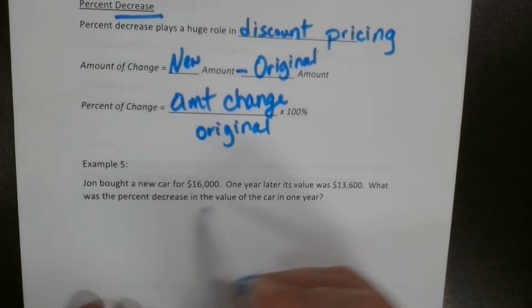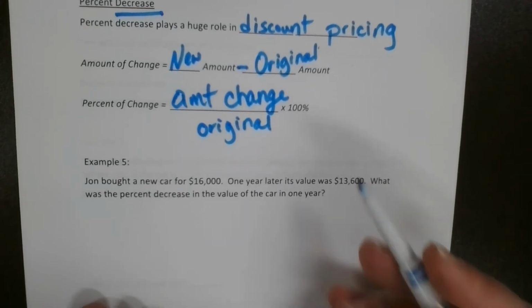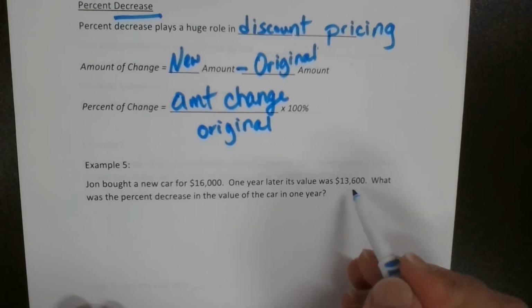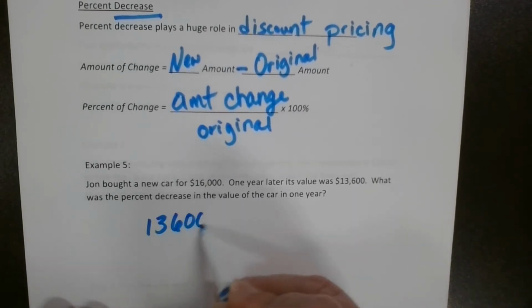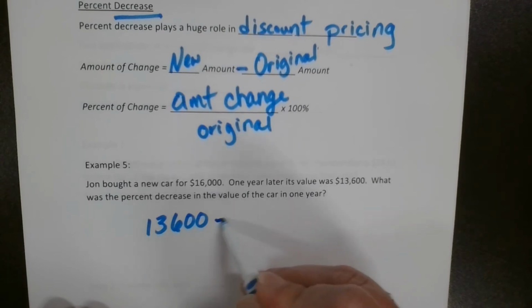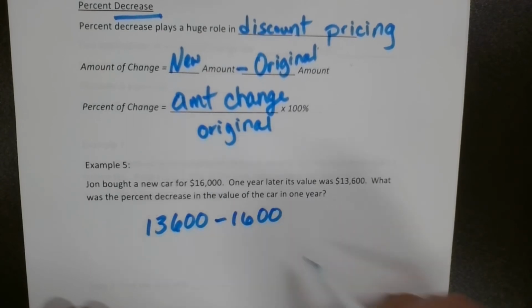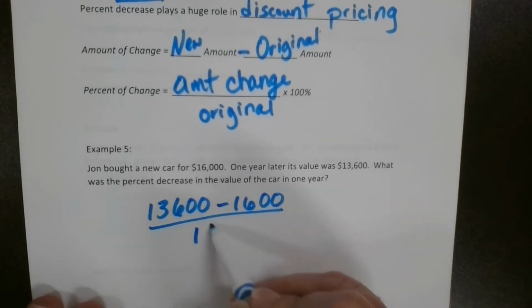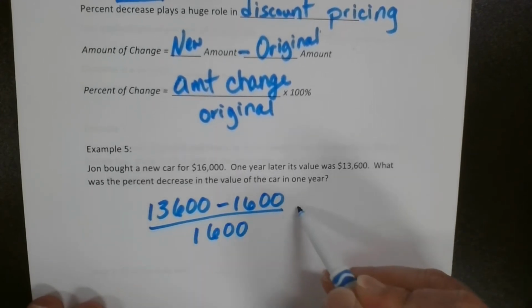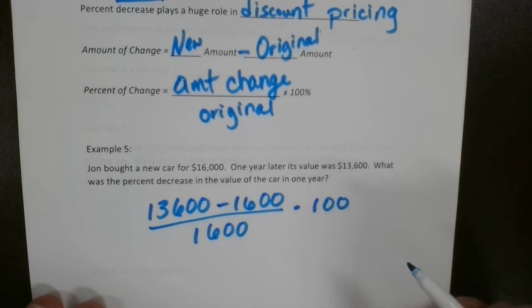What was the percent of decrease in the value of the car in the 1 year period? So you take the new amount, 13,600, subtract the original amount of 16,000, divide that by the original amount, and then multiply the whole thing by 100.